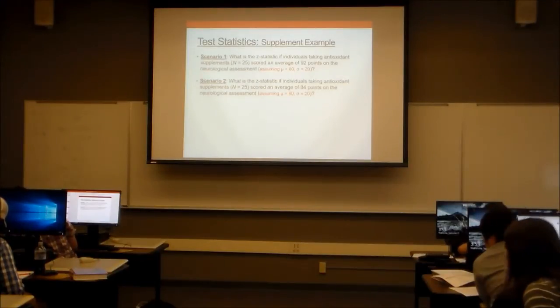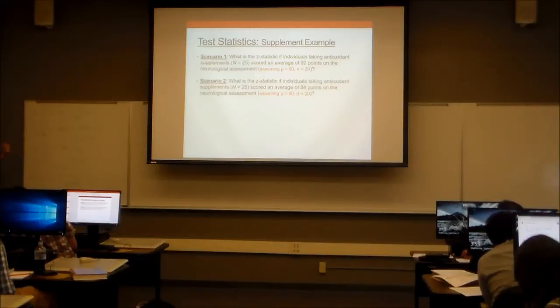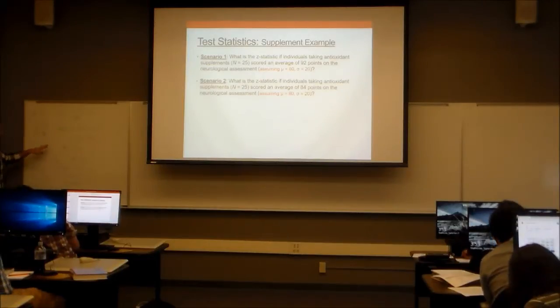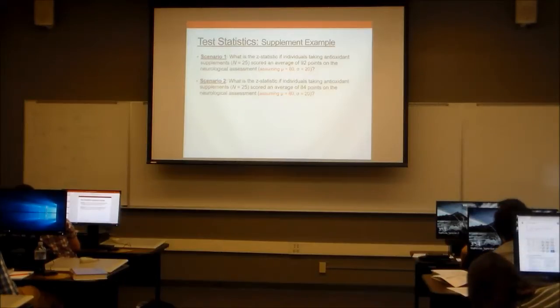So if the true population value is actually 80, the likelihood of me randomly selecting a sample of 25 individuals having a mean cognitive functioning score of 92 is about 0.1%. Very, very unlikely, right? And so would we reject the null hypothesis or fail to reject the null hypothesis? Zach? We would reject the null hypothesis, right?